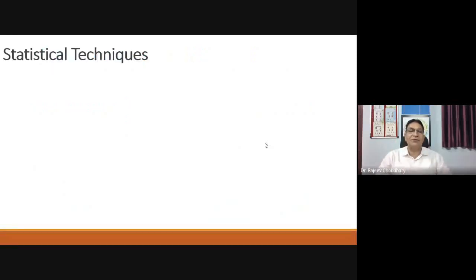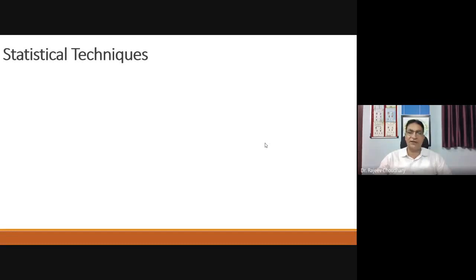Ladies and gentlemen, to conduct research, we have to undergo several steps. We identify the problem, we formulate objectives, we formulate hypotheses, we collect data. After collection of data, we have to analyze it, and to analyze data, we require statistical techniques.